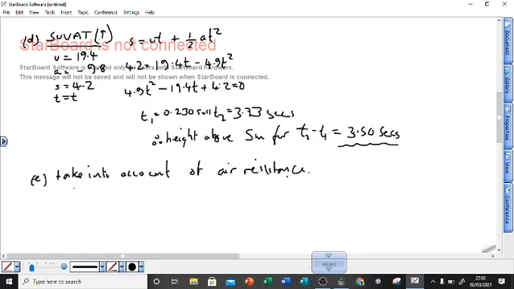Or use a more accurate value for gravity, for g, or you could even say take into account the spin, but those are the 2 main ones they're going to give you marks for.